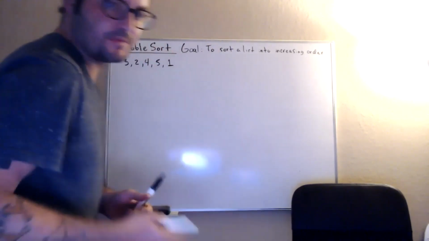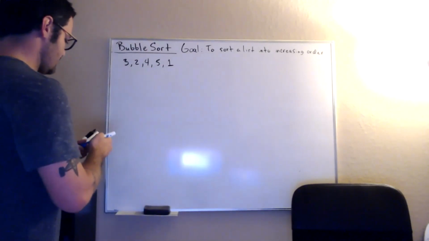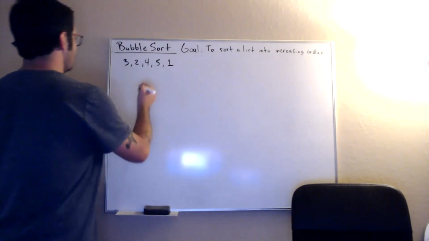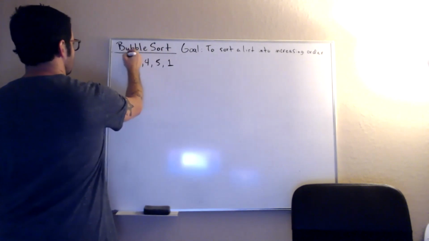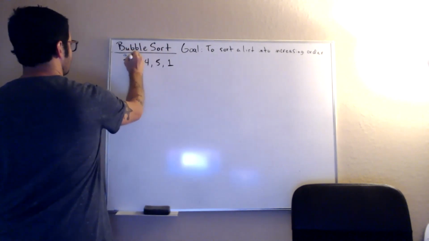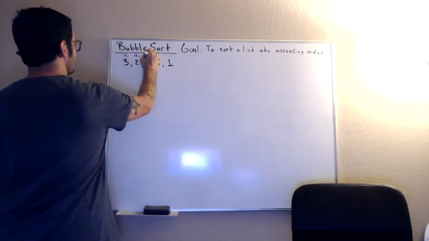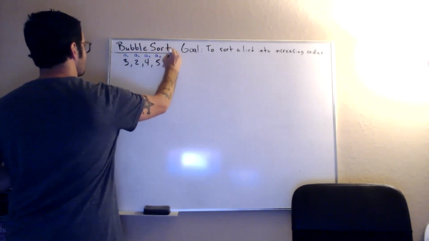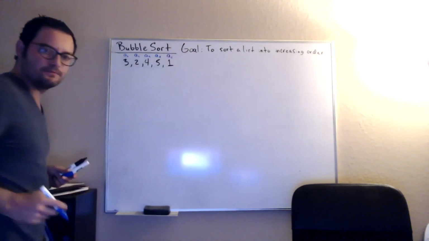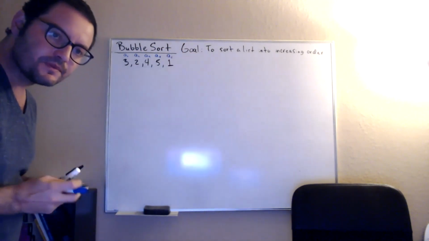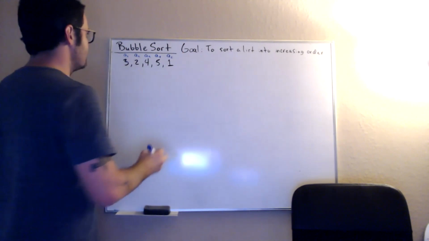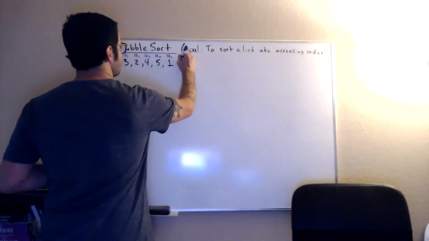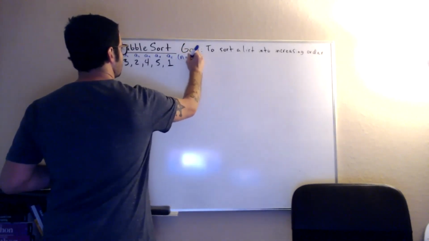So you begin. So I'm going to say that this is like A1, A2, A3, A4, and A5. You all see that? Okay. So n is equal to 5.